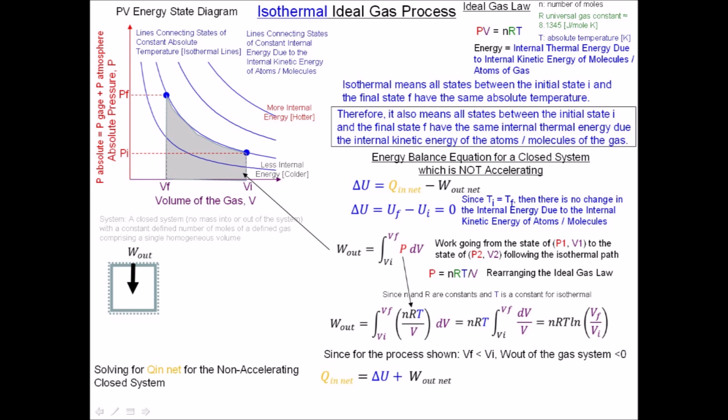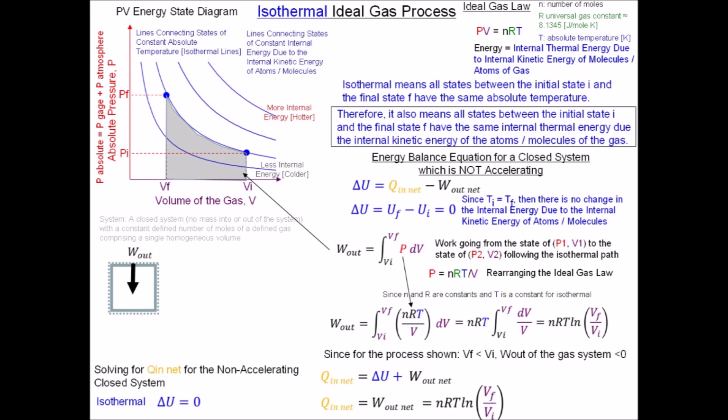And we know before that since it's isothermal, at all states the thermal internal energy due to the internal kinetic energy of the atoms or molecules inside the system is zero. That term goes to zero. Therefore, the net energy in form of heat transfer into the system from the surroundings equals the energy in form of work out of the system into the surroundings. And since we know what that work term is, we can solve for that.